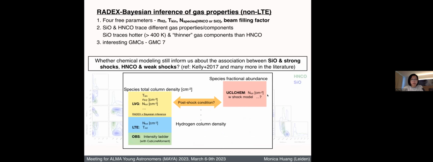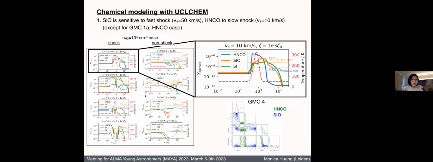And so again, showing this building blocks flow of thinking, we then perform chemical modeling. These are just one example from our many models in the paper.